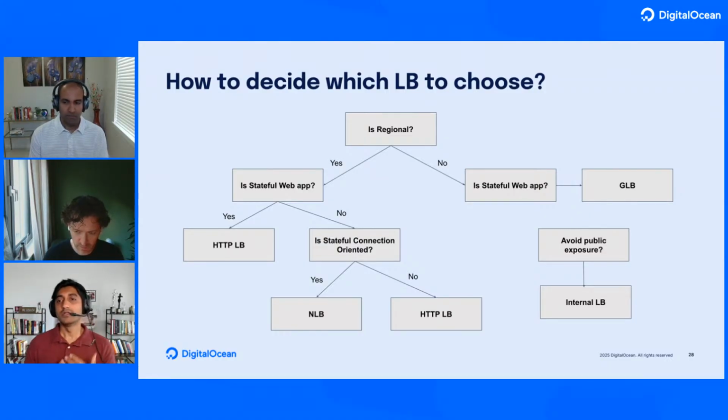If I'm building a stateful web app, then of course I would need an HTTP load balancer. If it's a stateful connection-oriented app, then I would benefit more from a network load balancer because I need lower latency and higher throughput.